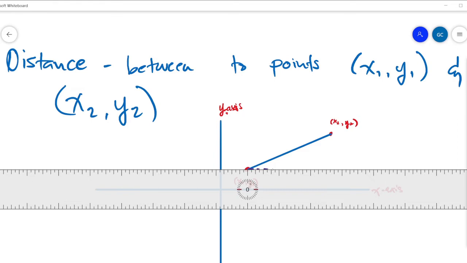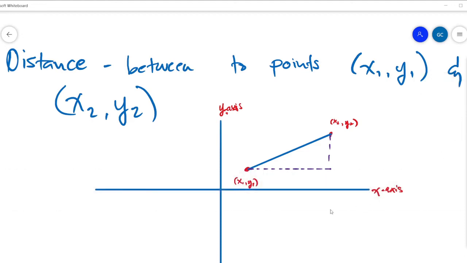if we have this line and also this line, we can visualize that we have here the vertical and the horizontal distance of our points.